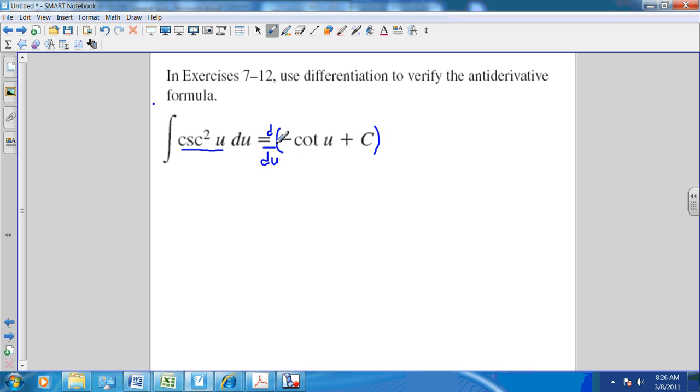So just taking a look at our derivatives here, what is the derivative of a constant? Well, that's 0, so that's good because we don't have a constant over here. What is the derivative of cotangent? Well, we know that the derivative of cotangent is negative cosecant squared.